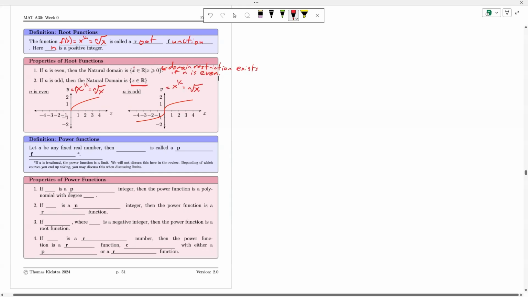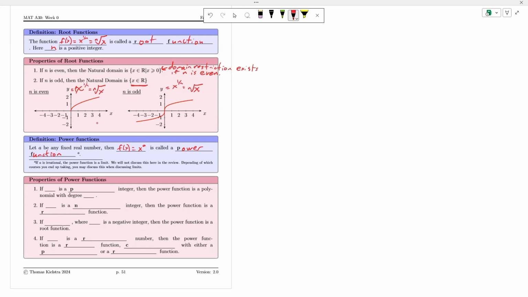Now we get our power functions. Our power functions are kind of like our polynomials, kind of like our roots, but not really. Let a be a real fixed number. Then f(x) equals x to the a is called a power function. And here, a can be any real number. Now, if a is irrational, which we talked about before, then the power function is a limit. And we will not discuss this here.